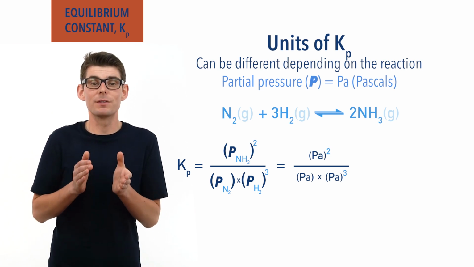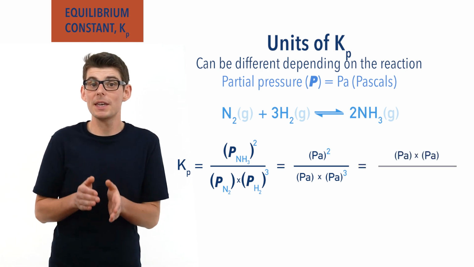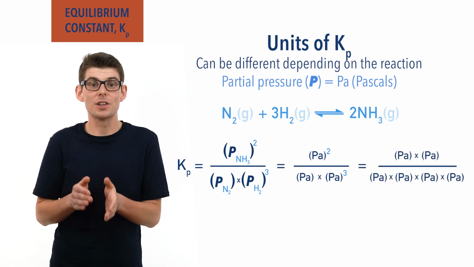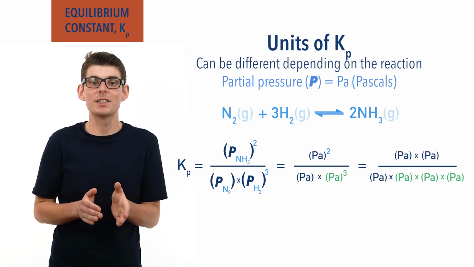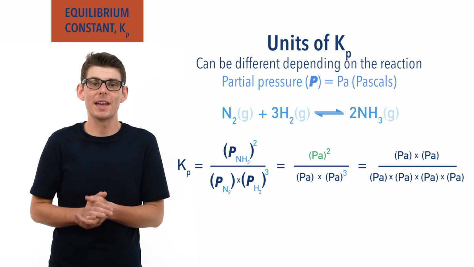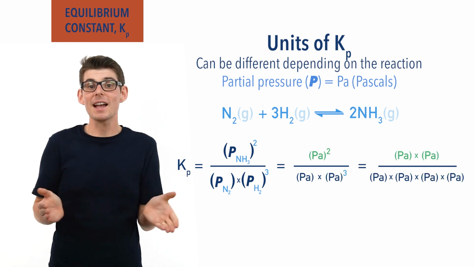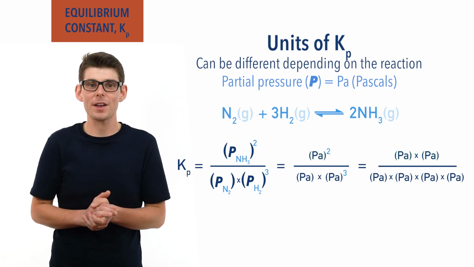Expanding this out gives us Kp equals Pa times Pa divided by Pa times Pa times Pa times Pa, as Pa to the power 3 is the same as Pa times Pa times Pa, and Pa squared is the same as Pa times Pa. Now we just need to cancel out all the Pa on the top and bottom of the fraction.